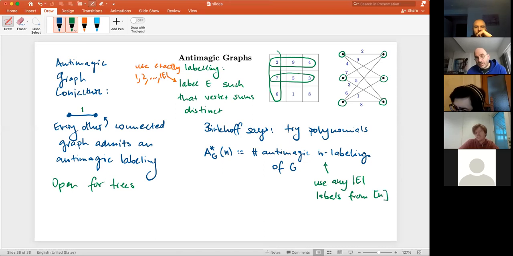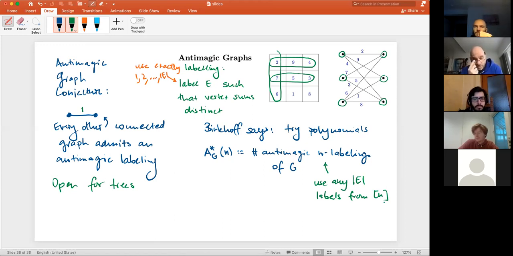So I have a parameter now that says I don't need to use the first E numbers. I can use the first n numbers.